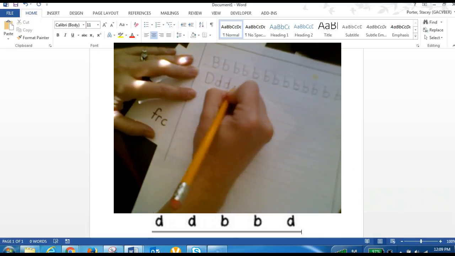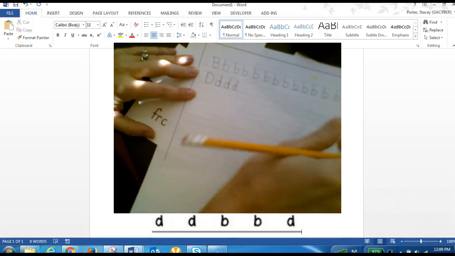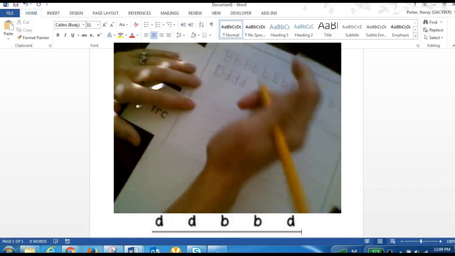D. D. I need to move my cards out from underneath.